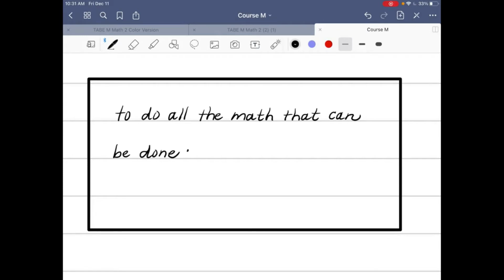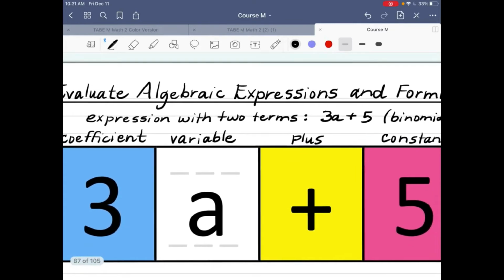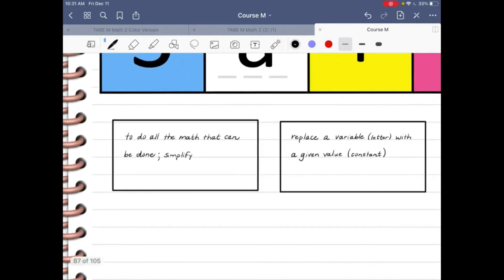You can also think of that as simplifying. It's not solving. Solving is a different thing. This lesson deals with expressions, not equations. So evaluate is to do all the math that can be done.